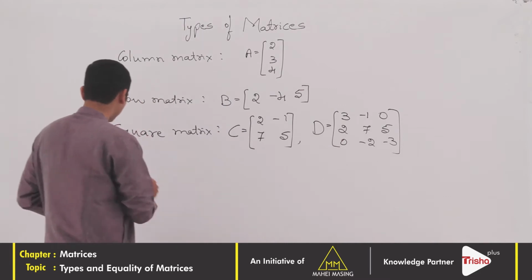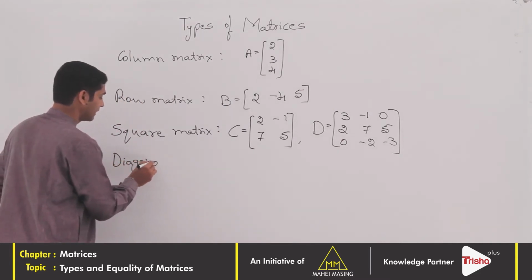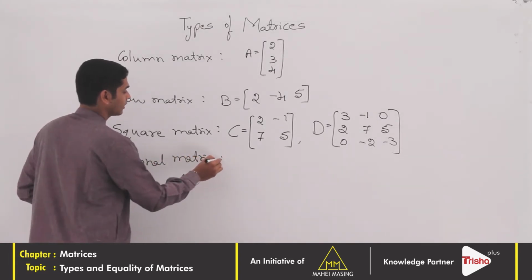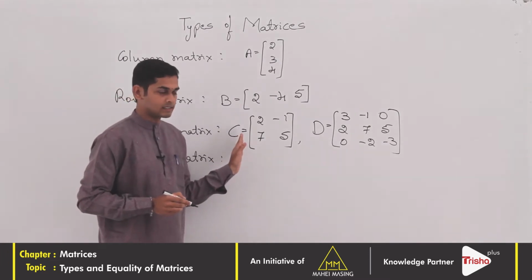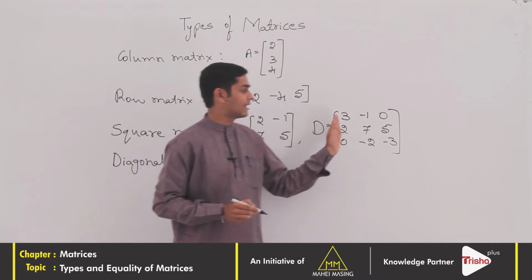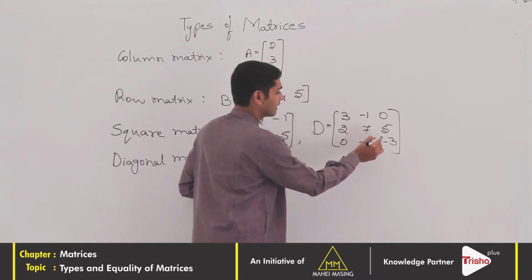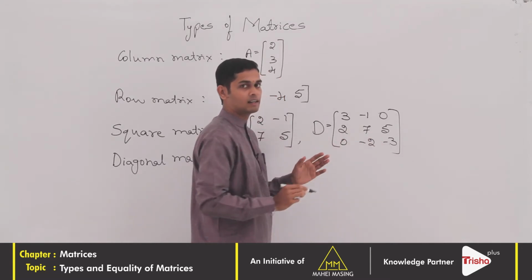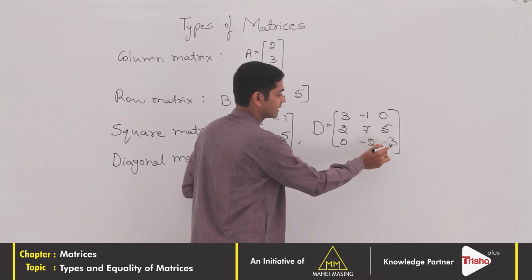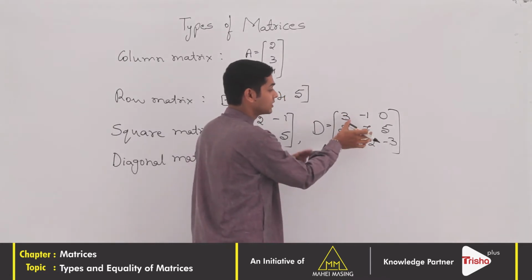The next type is diagonal matrix. Now, you can observe in example C and the matrix D, two diagonals we have. We call this diagonal as principal diagonal. 3, 7, minus 3 are the elements lying on the principal diagonal.